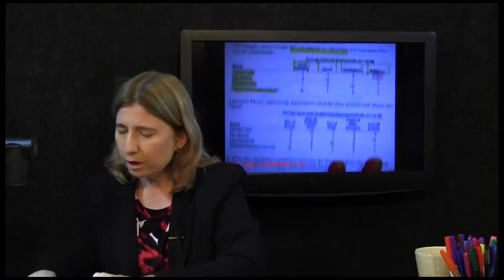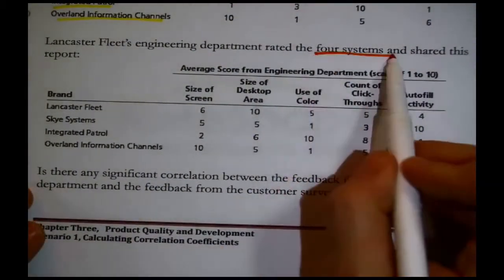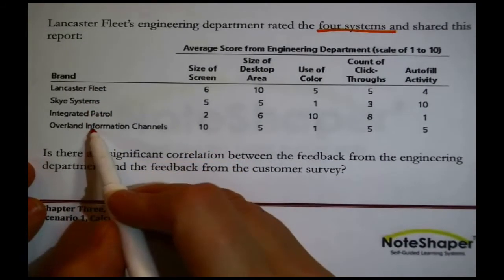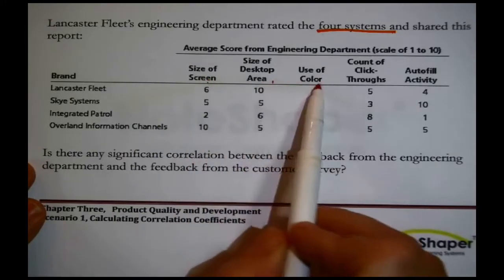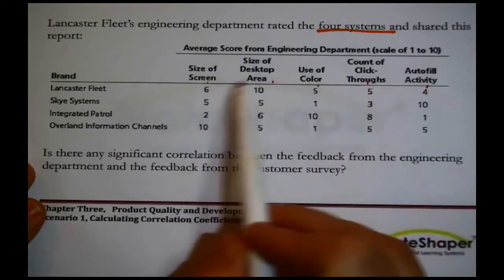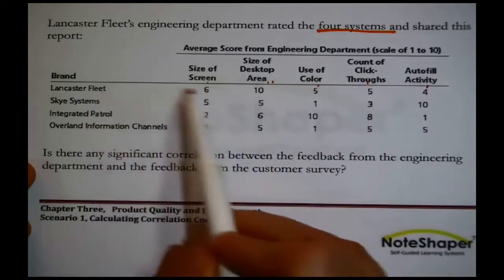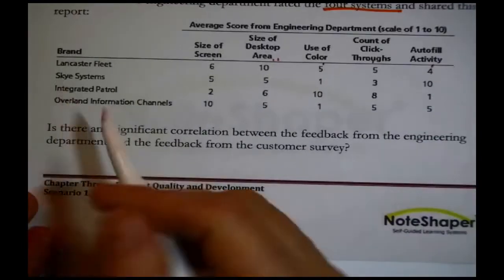Lancaster Fleet's engineering department rated the 4 systems. See how this is a list of the same brand names? And shared this report. Now, the columns here on the second table are different: size of screen, size of desktop area, use of color, but again, each of the brands was given a rating. In this scenario, here's the big question.